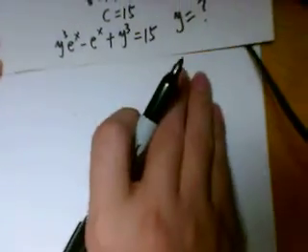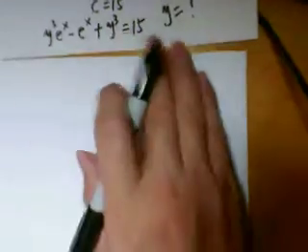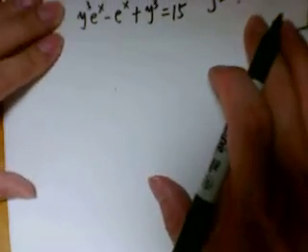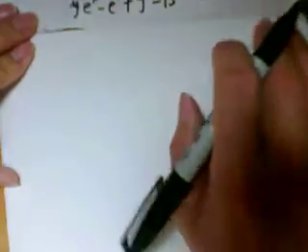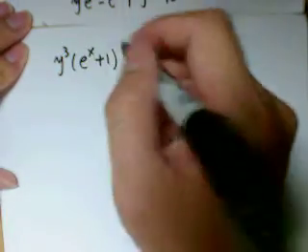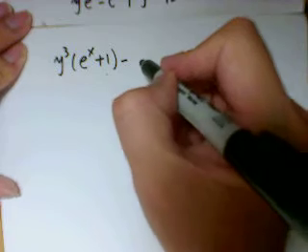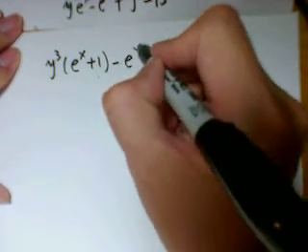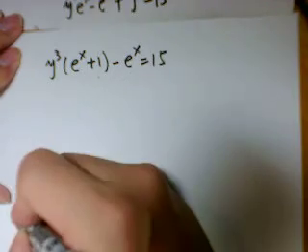We know here we have y cubed, so we can factor y cubed out, like that.